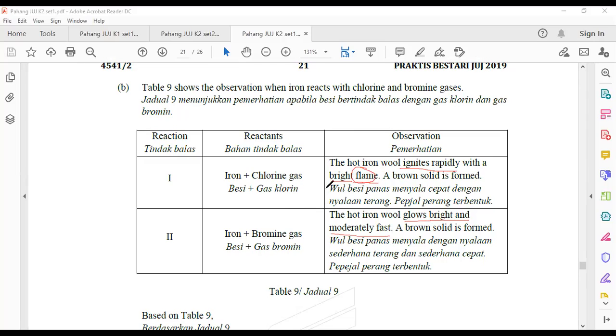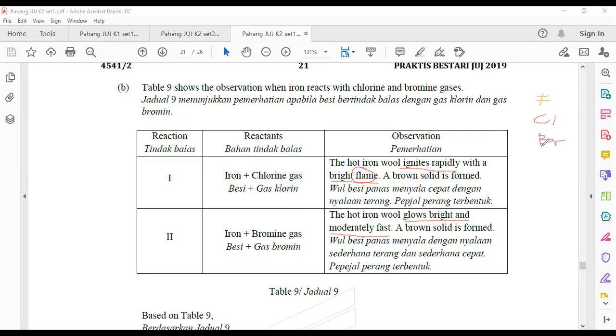Which is more reactive towards the iron, the chlorine gas or the bromine gas? The answer is chlorine. And we know that in group 17, chlorine is higher than bromine.